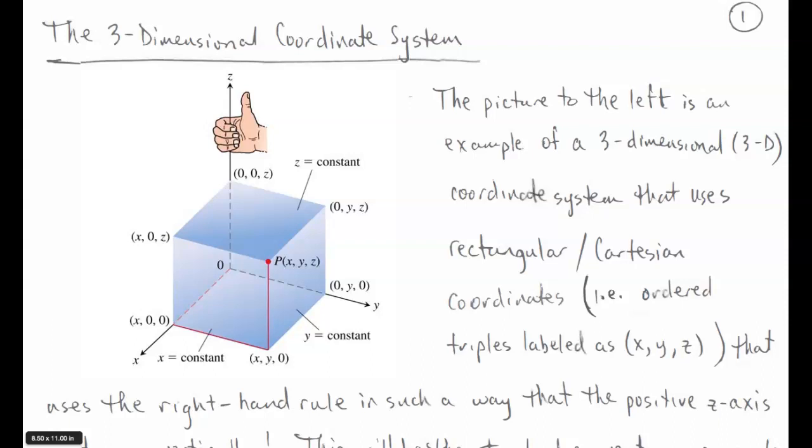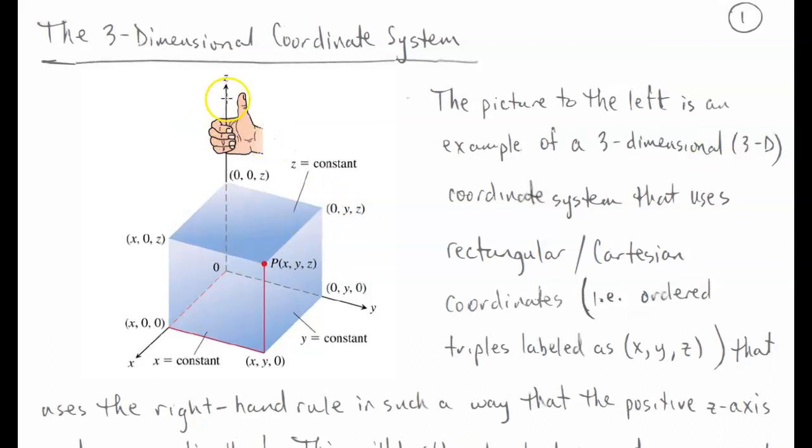And so that's why you see the person's right hand there. And so for this particular convention, we are looking at the z-axis here. So our z-axis is going to be pointing up in the air, so pointing up vertically. So we see that here where it's pointing up vertically, okay?